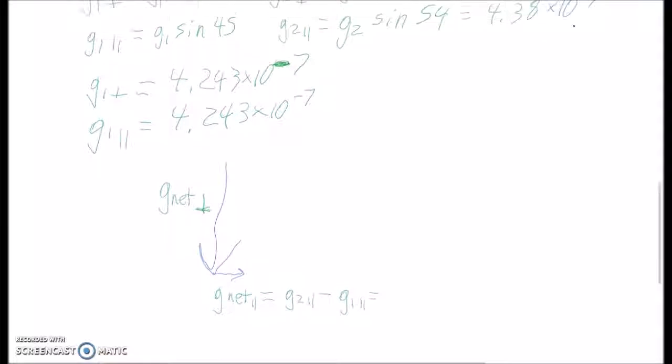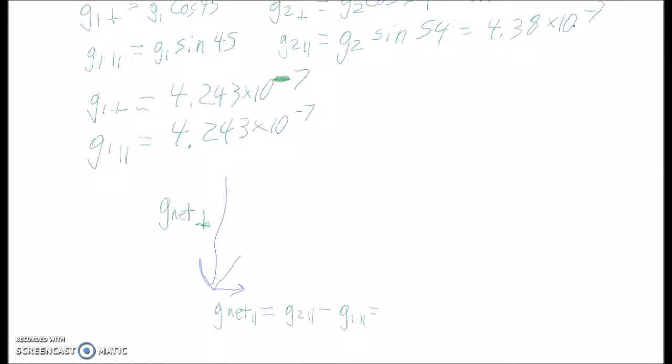If you do the calculations with those numbers, you're going to have 1.37 times 10 to the negative 8. Okay, and if you do this calculation up here, this should be G1 perpendicular plus G2 perpendicular, which should equal 7.423 times 10 to the negative 7.